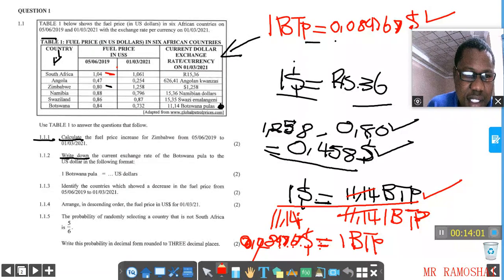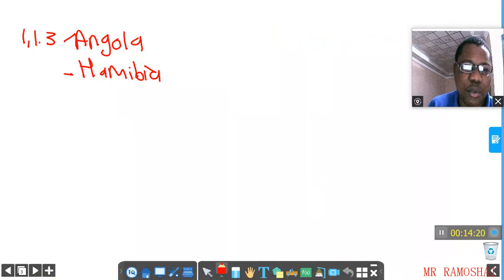Let's look at Swaziland. The price was 0,86, now it is 0,87, so the price has gone up, right? So let's look at Botswana. It was 0,84, now it's 0,73, so the price of fuel for Botswana has also gone down.